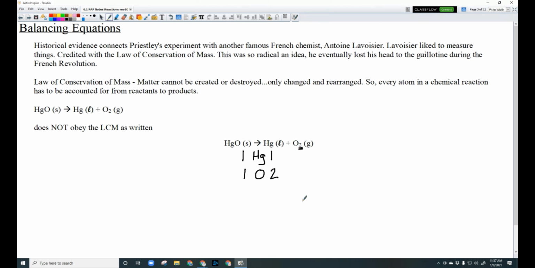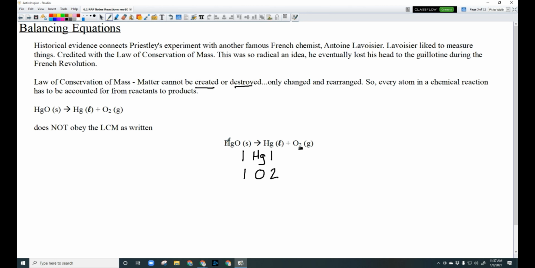This tells us we have 2 atoms of oxygen. Remember, counting atoms, those subscripts tell us how many of those that we have. Well, this can't work because we have 2 on this side, we have 1 on this side. So it looks like we created an atom of oxygen. Remember, we cannot create or destroy matter. We can only change it.